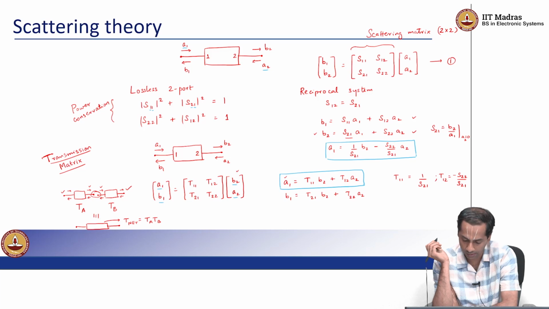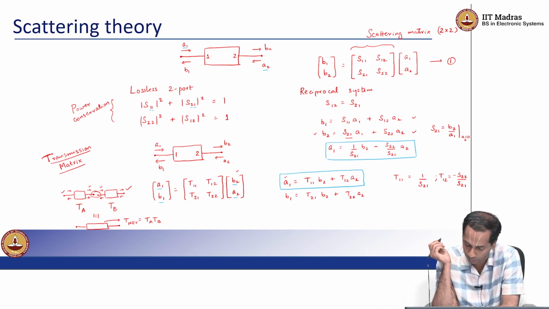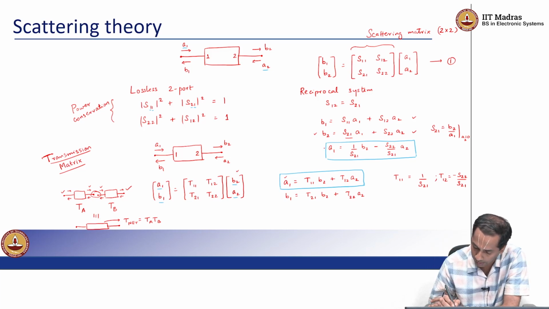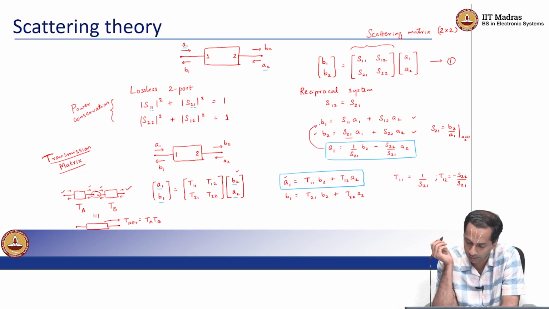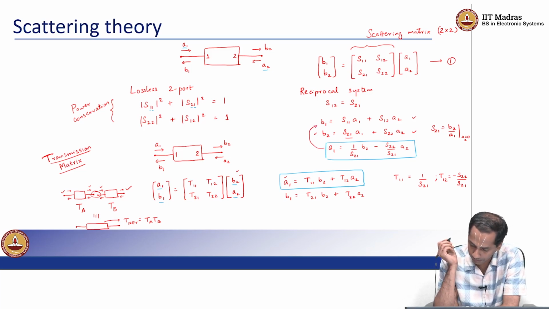In order to get T21 and T22, I can just substitute this into the first equation for A1, and I will have B1 in terms of A2 and B2 only.